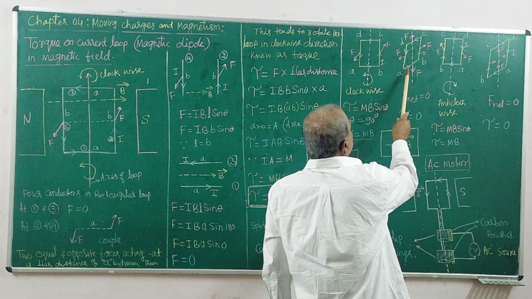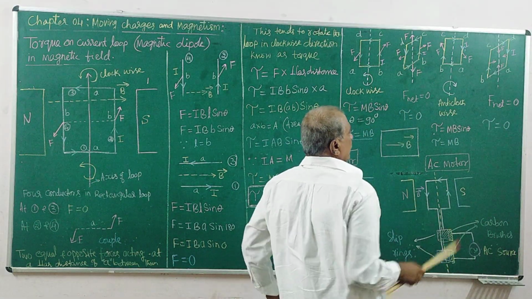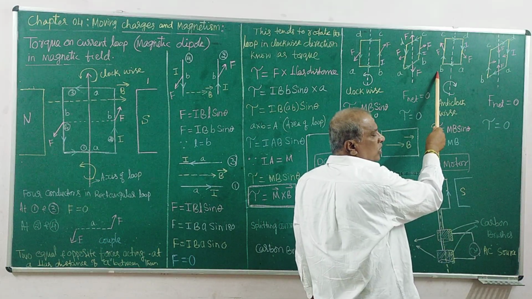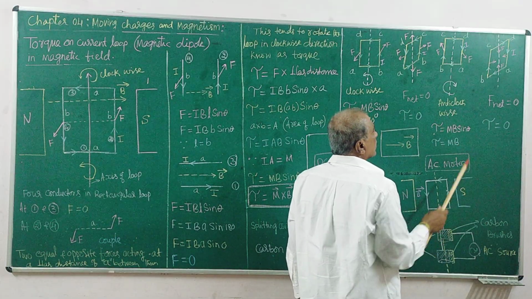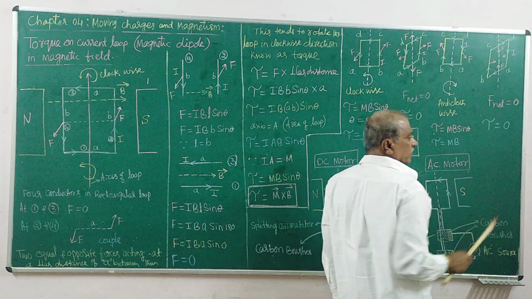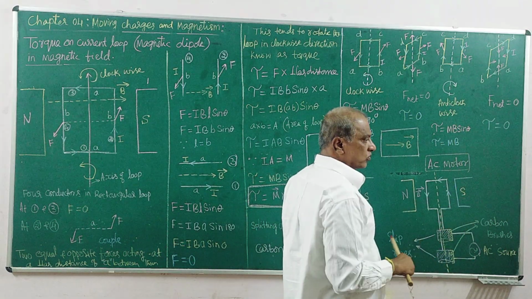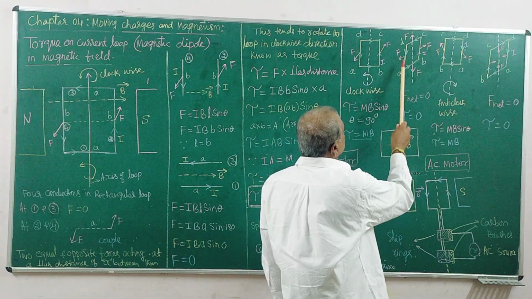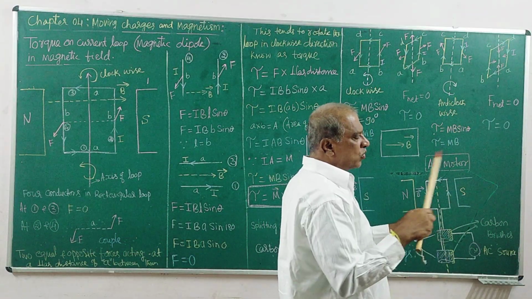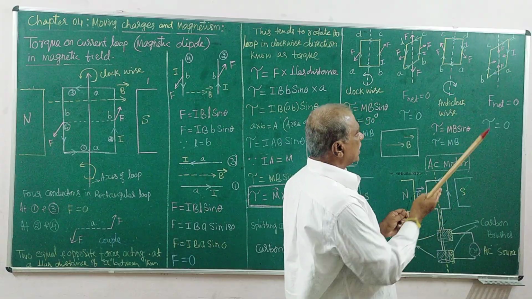From here to here is 90 degrees, from here to here another 90 degrees, and from here to here another 90 degrees. Look at this: the direction of the current changes, but the current in the loop remains the same. Sides are changing.